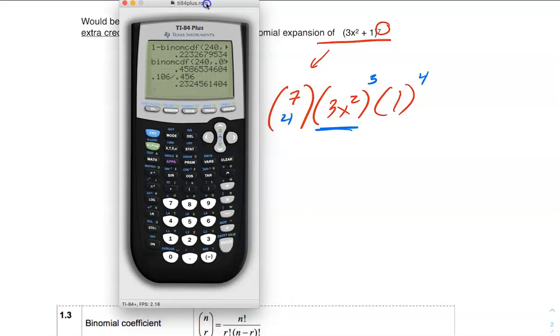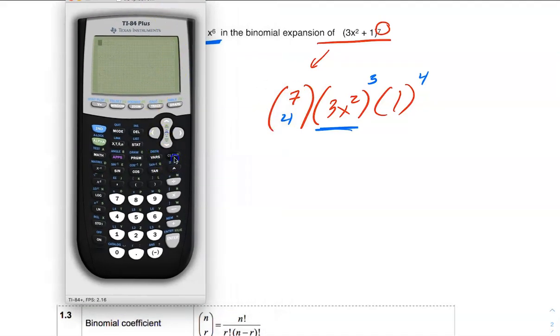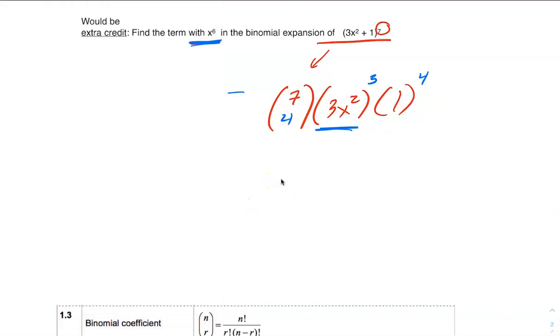If you use your calculator, it'll be 7 math probability nCr 4, which is 35. You can also use the formula from the formula sheet, which is right here, the binomial coefficient, 7 factorial over 4 factorial. Just put the top one over the bottom one. That's all we do, and then subtract them, so 3 factorial.